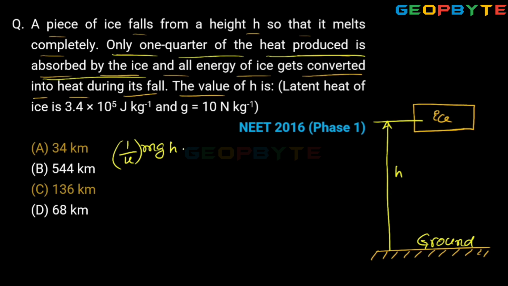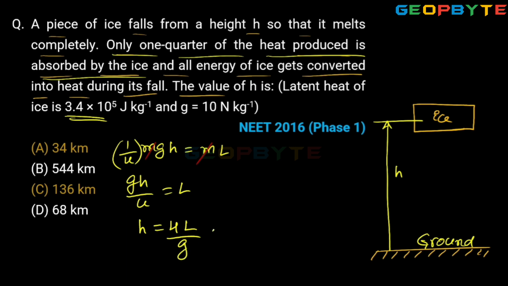The potential energy is converted to heat energy, which equals the heat received by the ice during melting, that is m into L, the latent heat. Of course, g is given. The m is cancelled. Finally, gh by 4 equals L, or h equals 4L by g. Here L means not length but latent heat: 3.4 into 10 power 5 joules per kg, divided by 10.